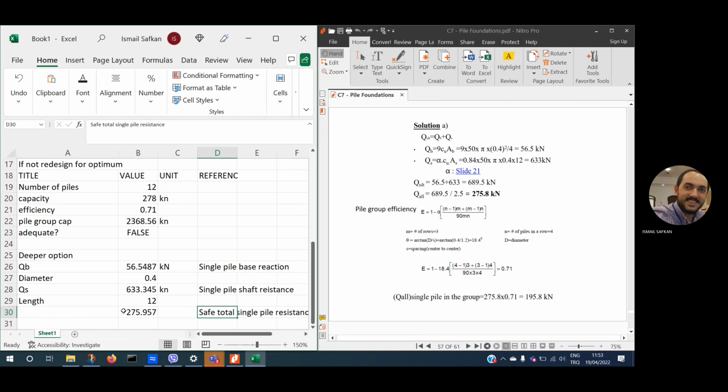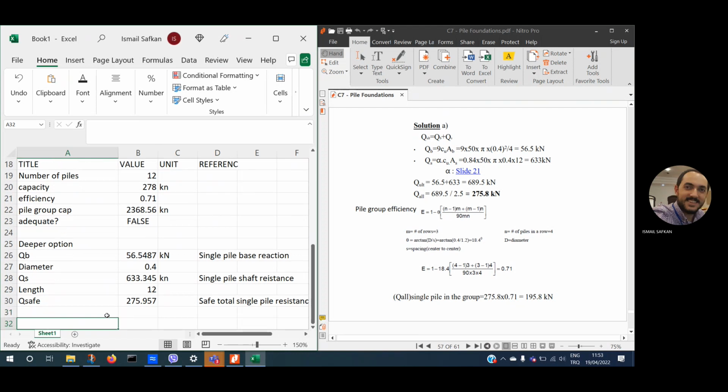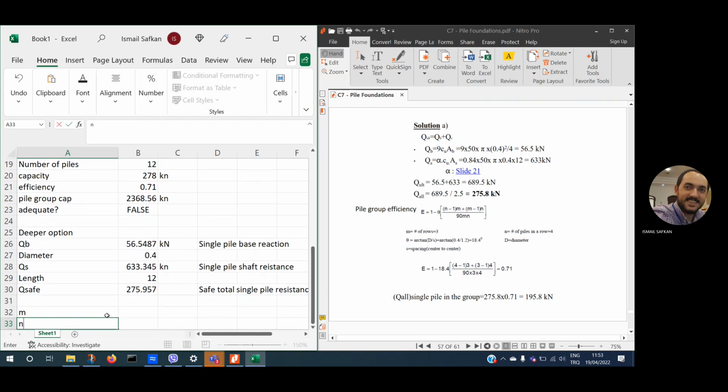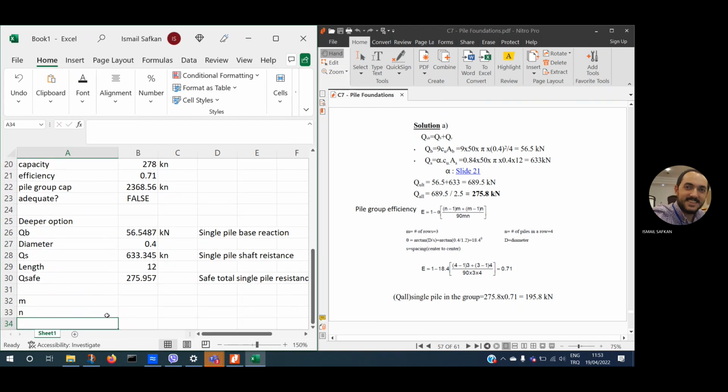From there, put it here, and put here, save. Okay, now efficiency. For efficiency, I require M, and I do this once. Preparing Excel is only once, but for optimum design, changing the values in those cells is easy after you prepare the Excel.